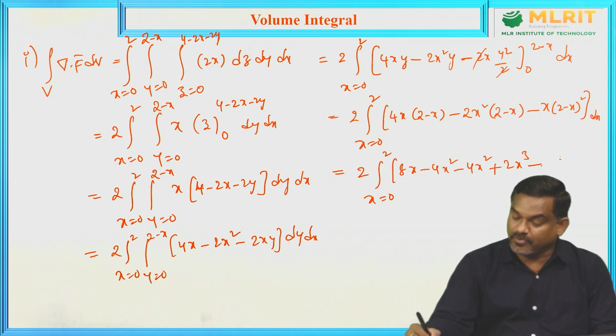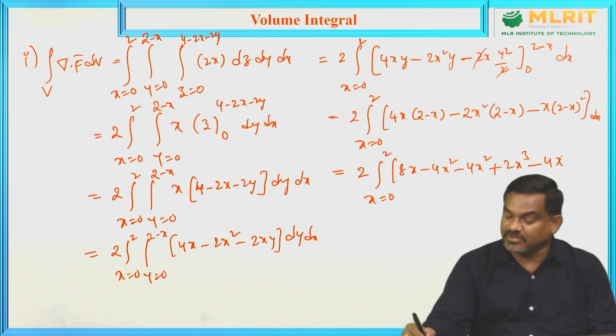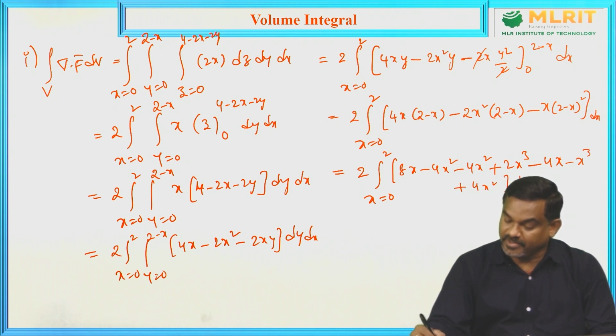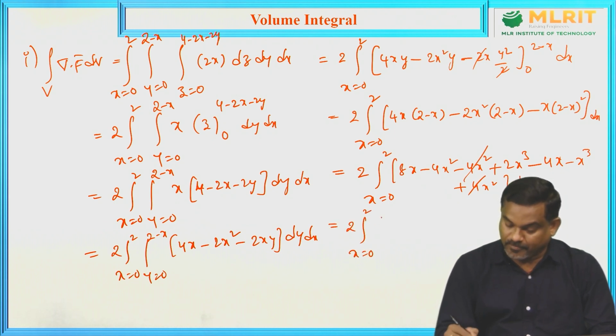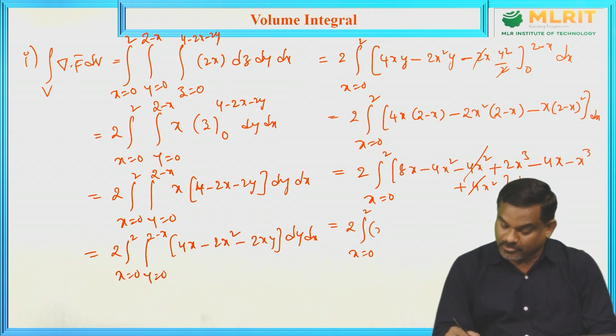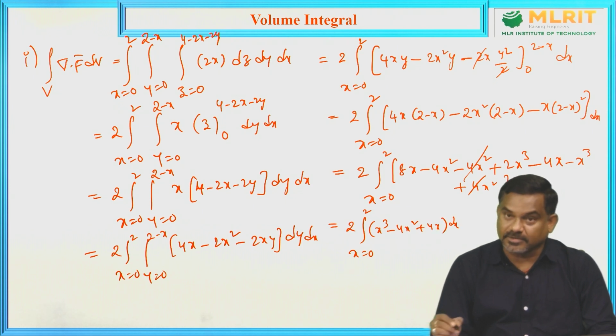So a square is 4, so minus 4x, and b square is x square, so minus x cube, plus minus 2ab term, 4x into minus x, so plus 4x square dx. So these two get cancelled. So this is equal to 2 into the integral from 0 to 2 of 2x cube minus x cube, which is x cube minus 4x square plus 4x dx.